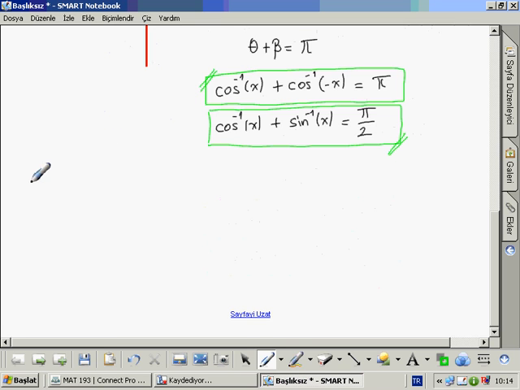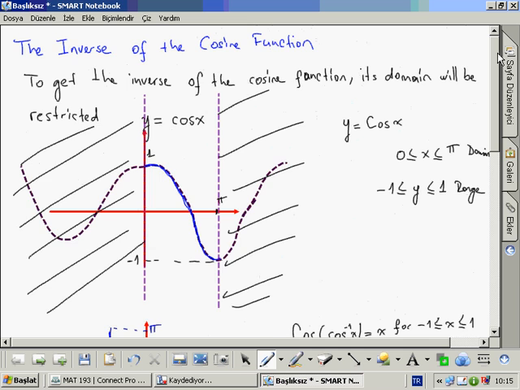Because of this right triangle, this angle is inverse sine x, and this is the inverse cosine x, and that's the x, that's the y, and that's the 1. You can evaluate from this right triangle. And the inverse of the tangent function, let me continue with it.